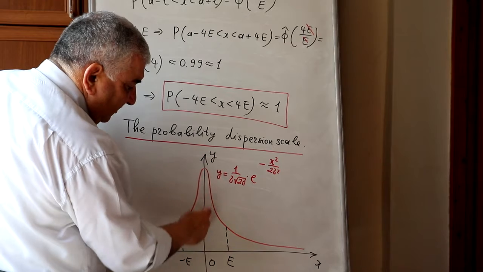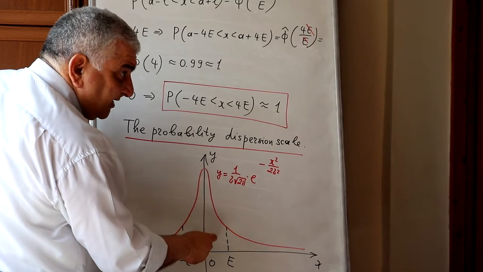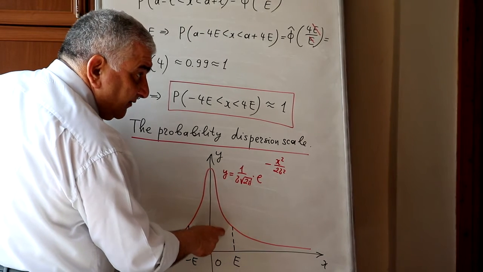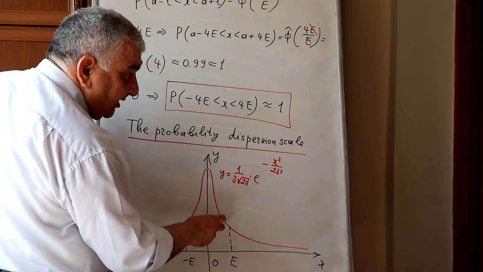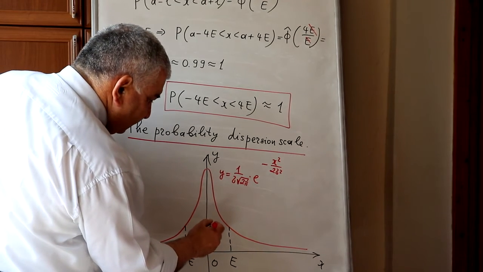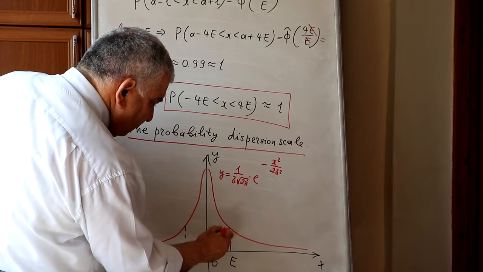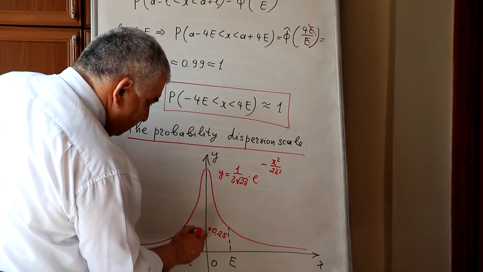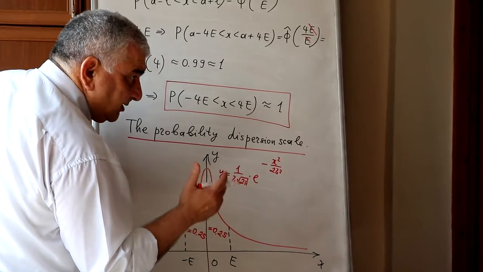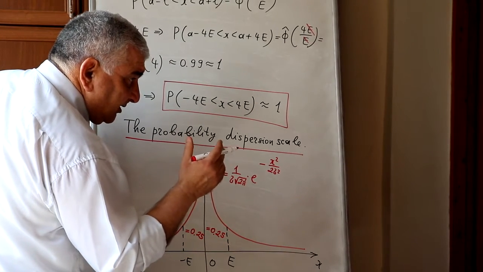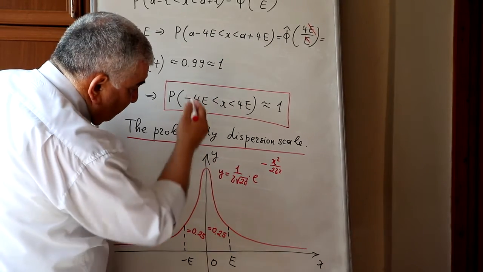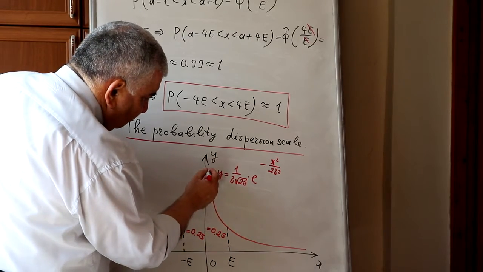Then it means that both areas, right and left, are exactly equal to 0.25. And the whole area is exactly equal to 0.5 according to the definition of median deviation.